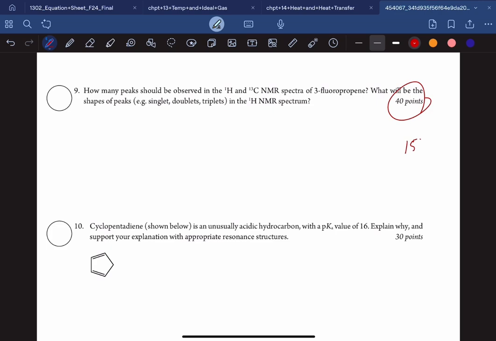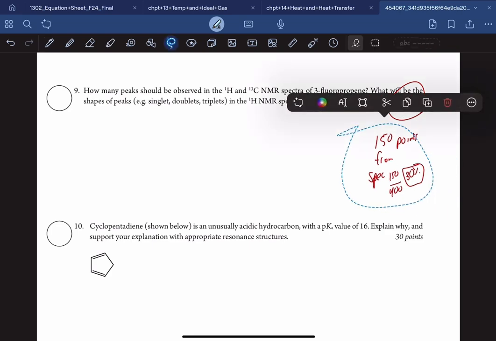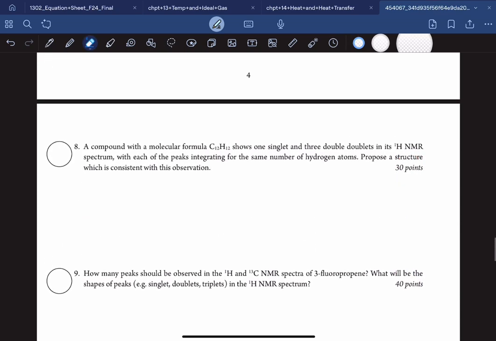So you got 150 points from spec. And your whole test is out of 400. So what is that percentage? That's over 30% of your test from spec. So please do not ignore that stuff. You need to know this very well. Let's go through these.